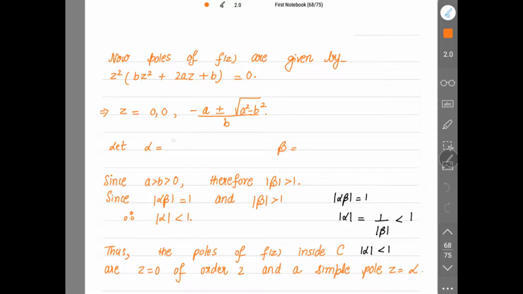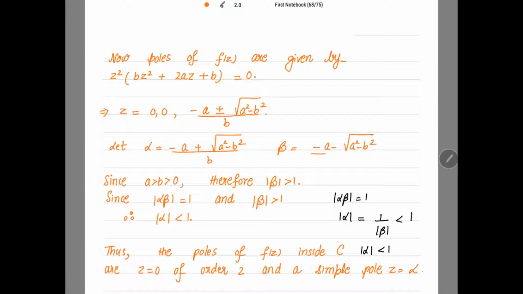And I'm taking one root as alpha, which is minus a plus square root of a square minus b square over b, and the other root as beta, that is minus a minus square root of a square minus b square over b. Now we have to check which of these poles lies inside the circle mod z is equal to 1.